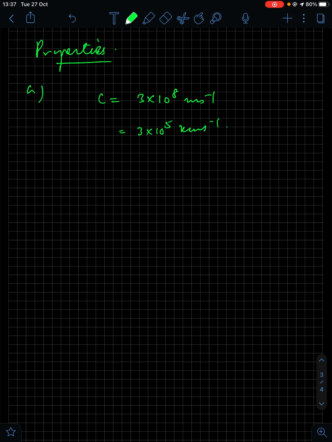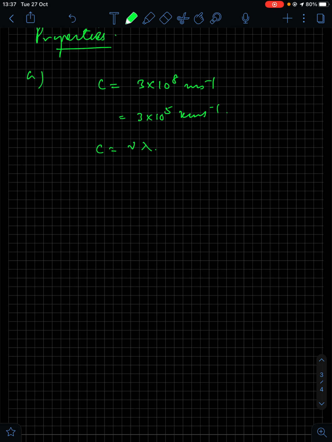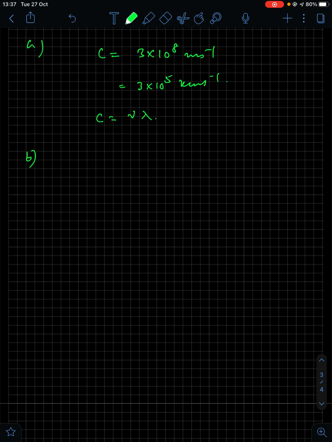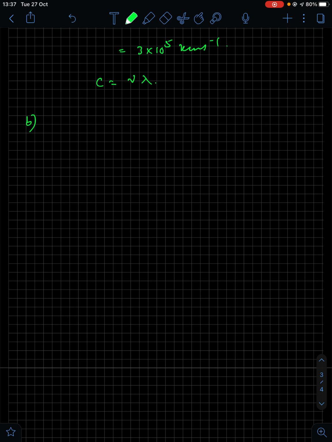Now also you need to know that c is equal to nu lambda, from the relation nu equal to c by lambda, where nu is the frequency of the photon and lambda is the wavelength of the photon. So that is your property number A. Property number B is photon does not possess any charge, okay. Photon does not have charge, that you know very well, and therefore it is not affected by, or rather you write down, deflected by electric and magnetic fields.